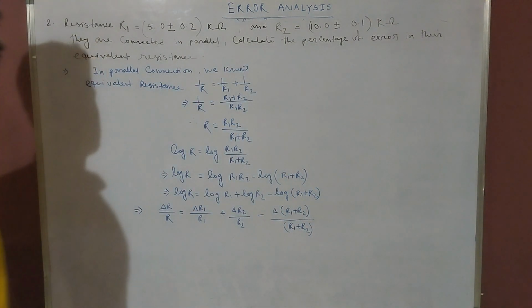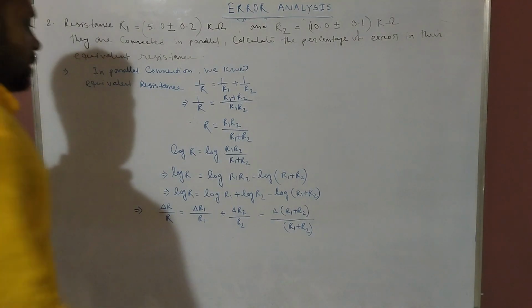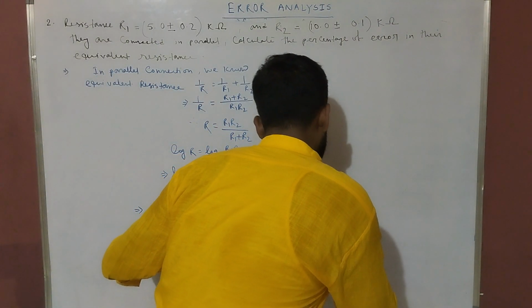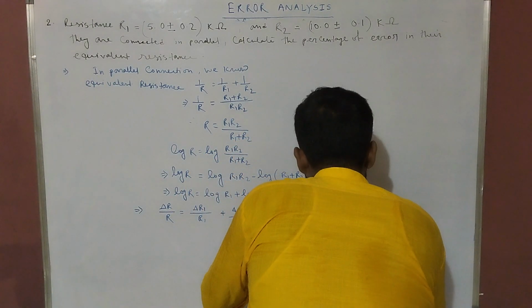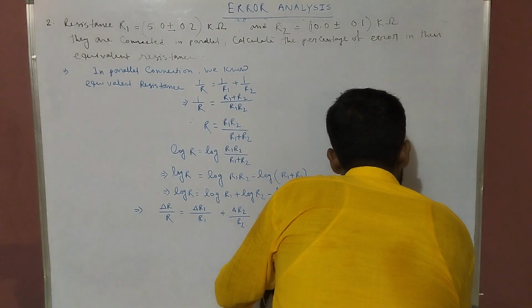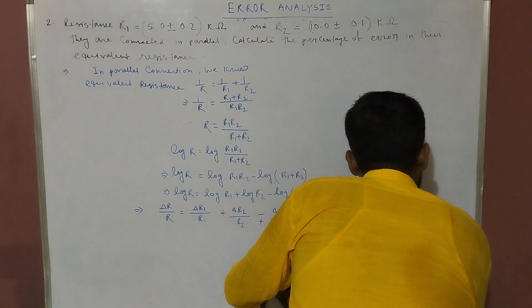Understood or not? Now this minus will be positive. Why? Because errors are always positive.